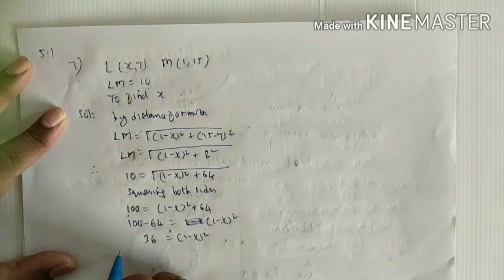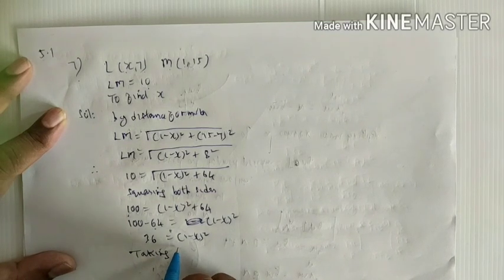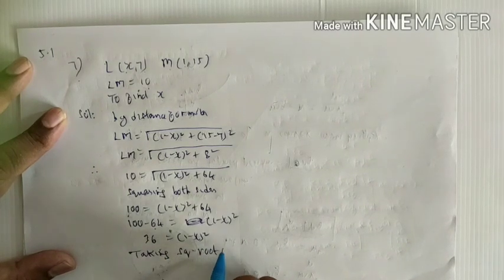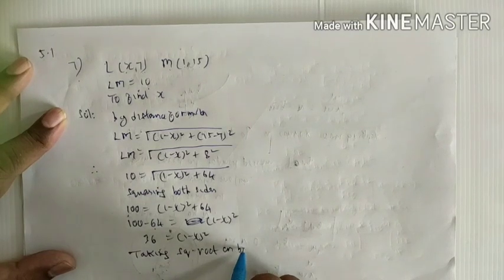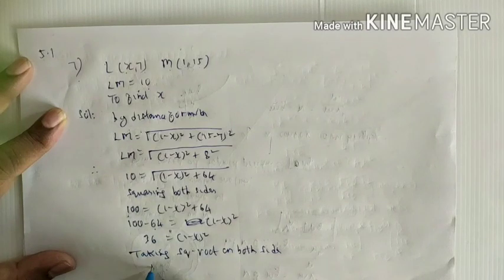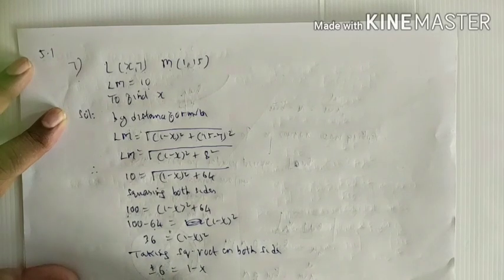Now, taking square root on both sides, what do we get? Plus or minus 6 is equal to 1 minus x. Taking minus x to the left, x is equal to 1 plus or minus 6.